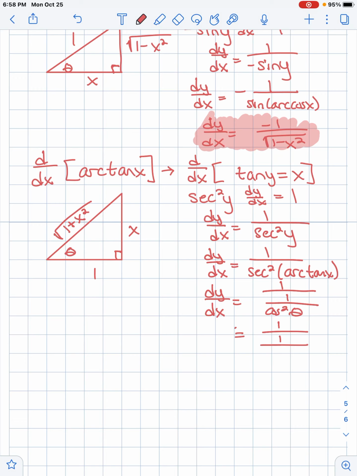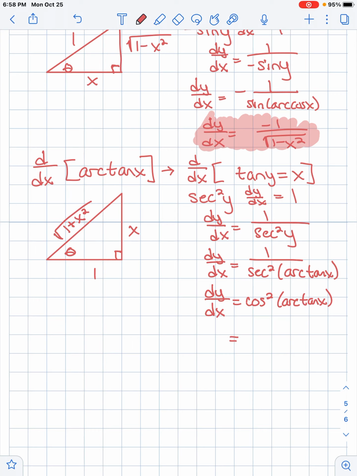This is getting ugly. I'm going to back up a step because this is getting too ugly. We know that secant squared is 1 over cosine squared. So 1 over secant squared will just be cosine squared. Let's work smarter here, not harder. I was going to do it the other way, but that just gets ugly. Let's just do it this way.